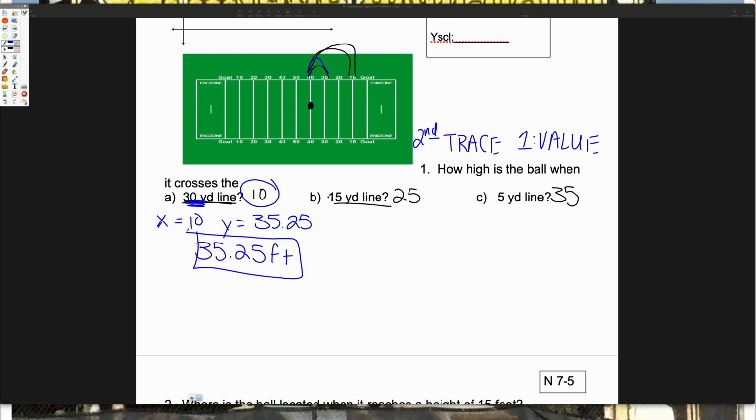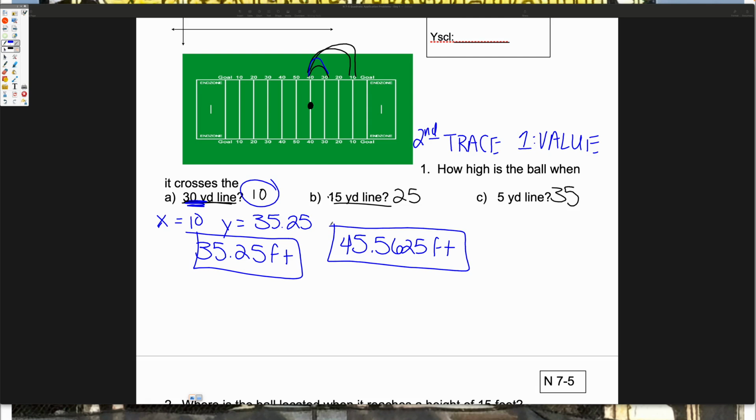So when it says 15-yard line, we've got to do the distance traveled. It's traveled 25 yards. So second trace 1, x equals, we're saying 25, enter. 45.5625 feet. That's the height of it.